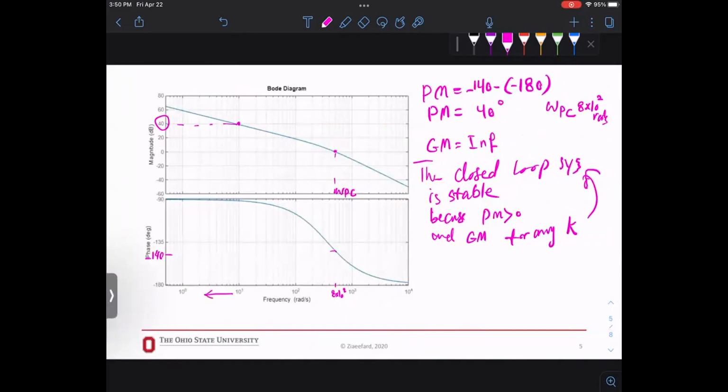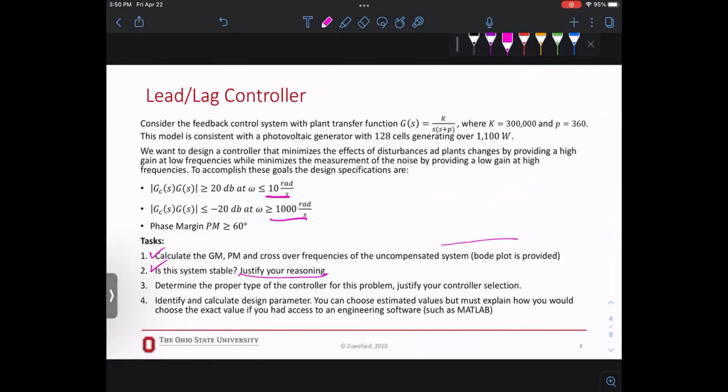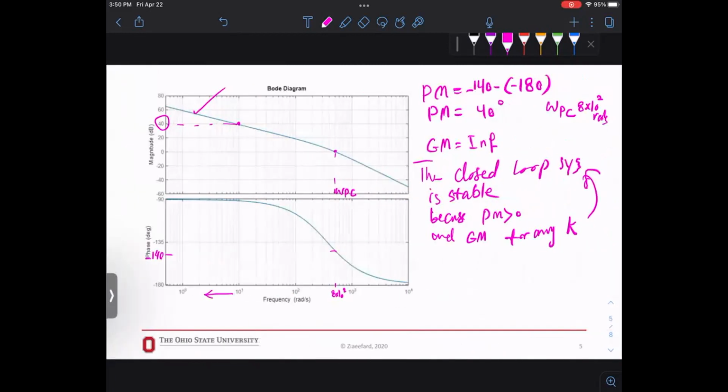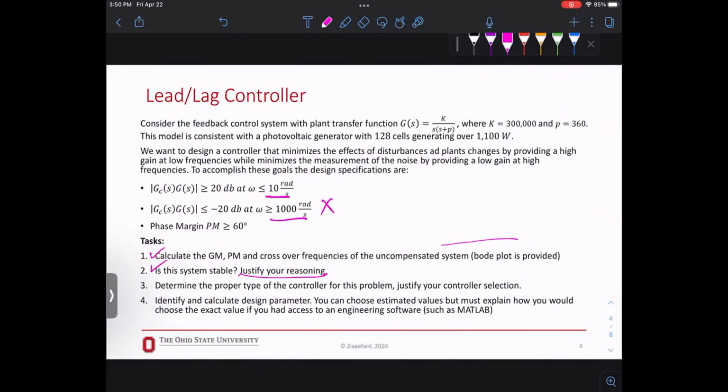Check. Now, the second one says that for the frequencies greater than 1000, the gain has to be less than negative 20 dB. So if this is 1000, here's the gain. It looks like we are at negative 10, so we see that this is not met.